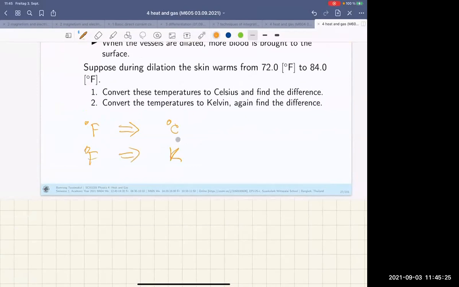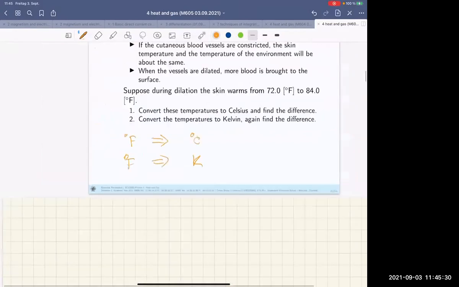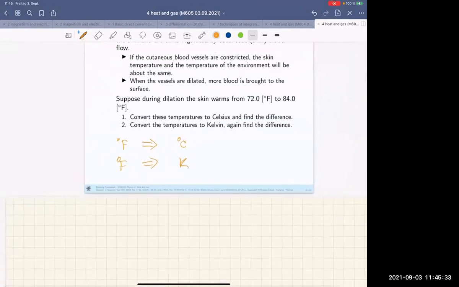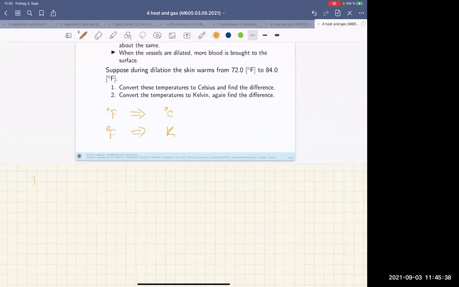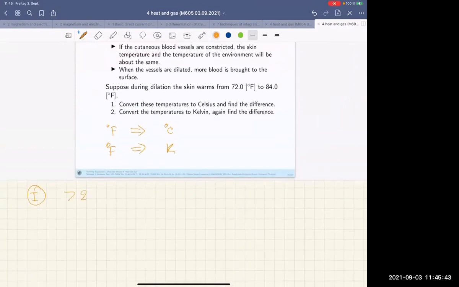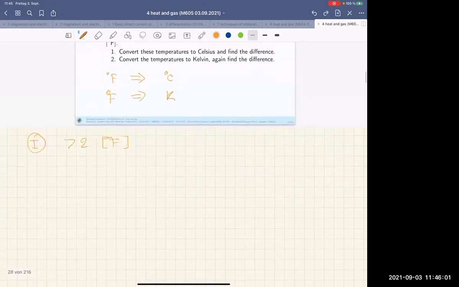Let's consider the temperature at 72 degrees Fahrenheit first.